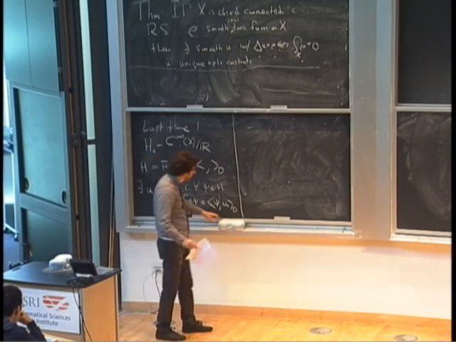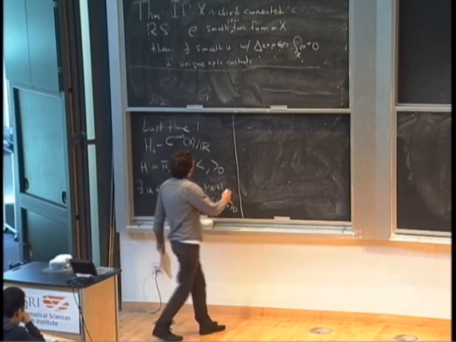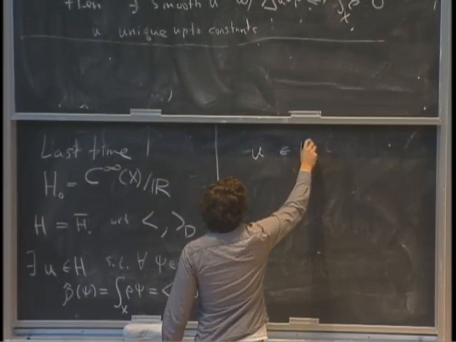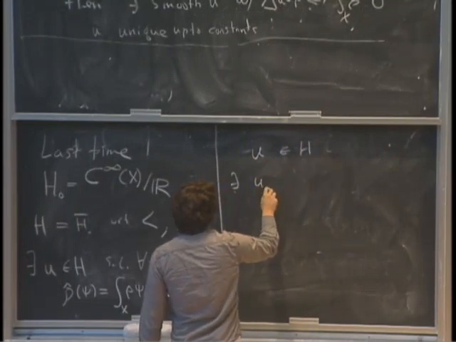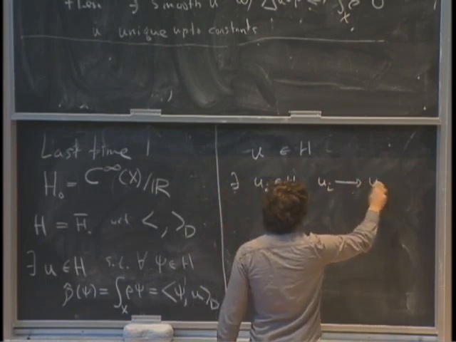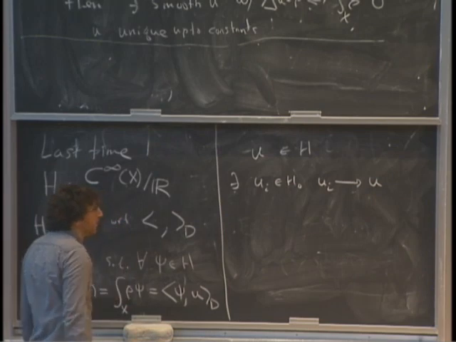The way to do that, a little more explicitly, is to say that U being in H means that there exists a sequence of U_i in H0 so that the U_i converge to U in the norm of the Hilbert space.